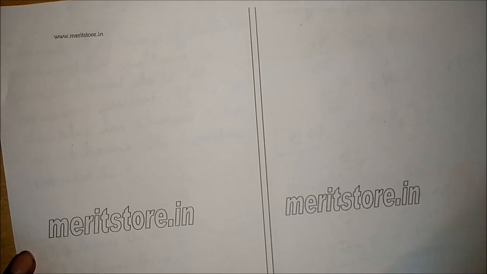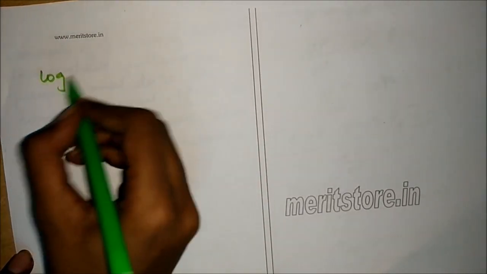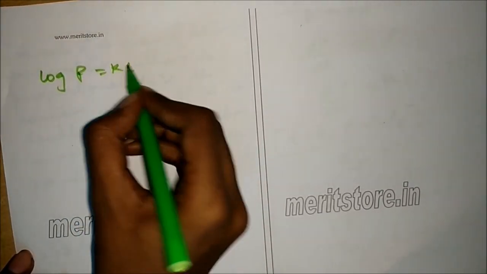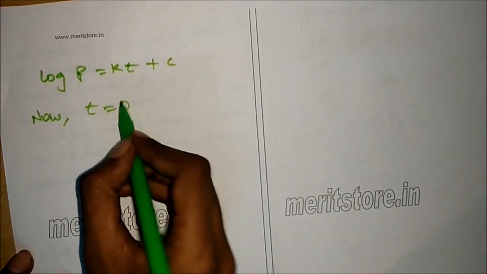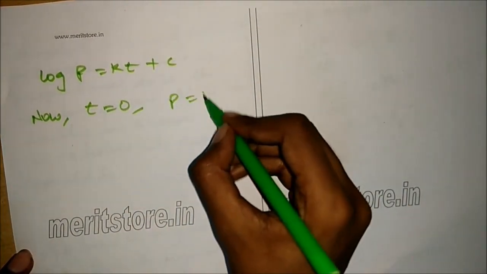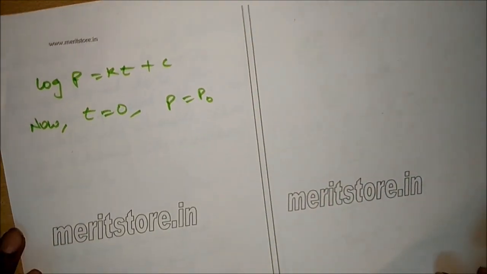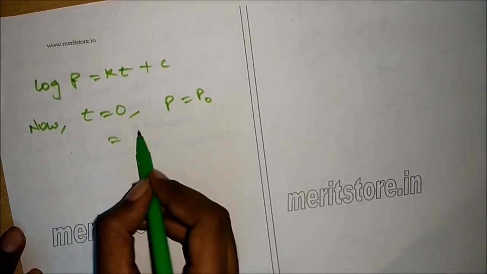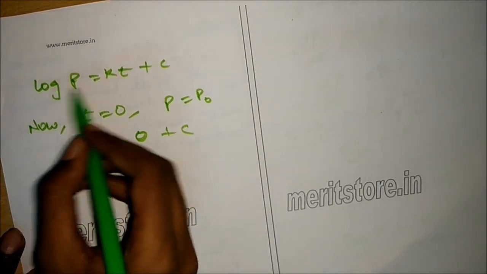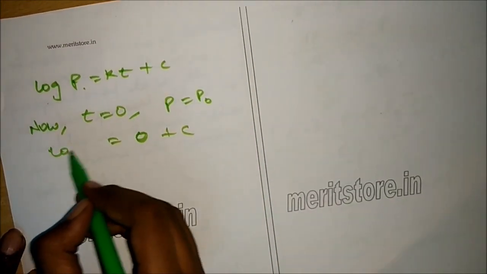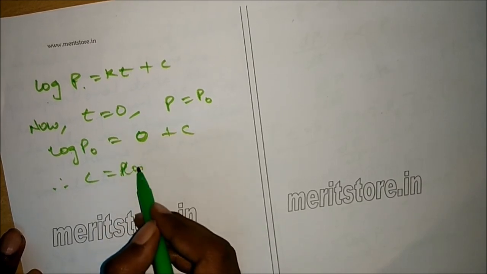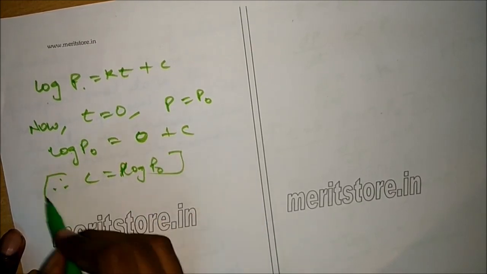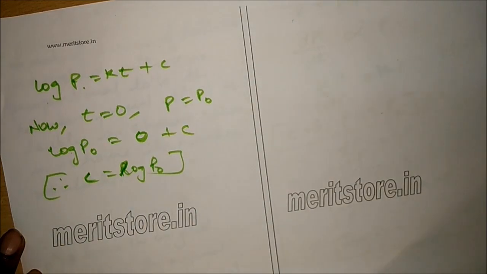So the equation we got was log of P equals kt plus c. Now when t equals 0, let the population be P0, the initial population. So t will be 0, so this term is 0 plus c. So log P will be log of P0, that is log of the original population.